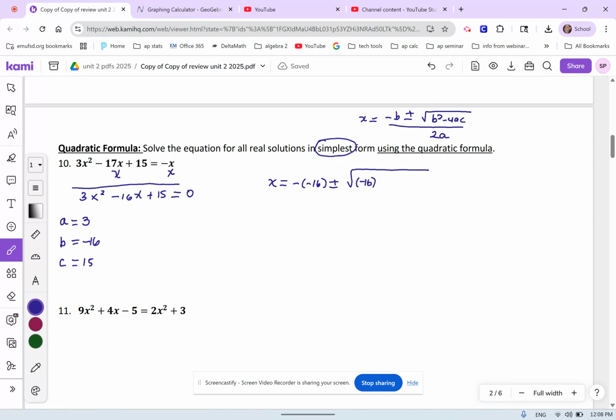So it's negative 16 squared minus 4 times A times C, and that whole quantity is over 2 times A. So the negative 16 becomes positive 16. What's under the radical, that radicand, is the discriminant.